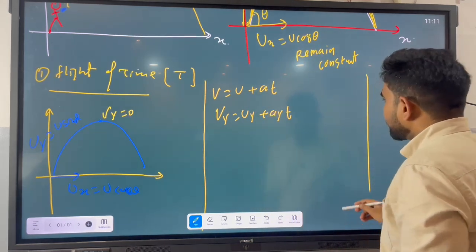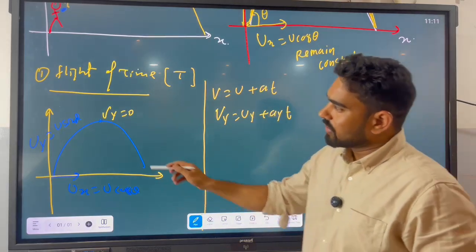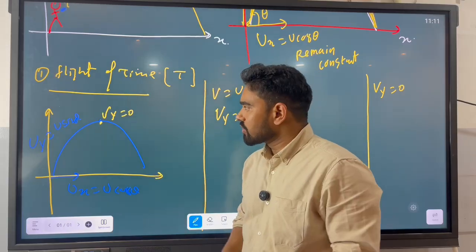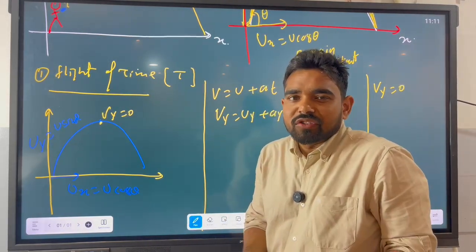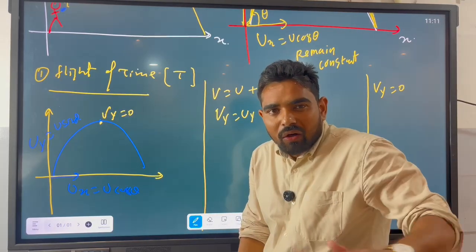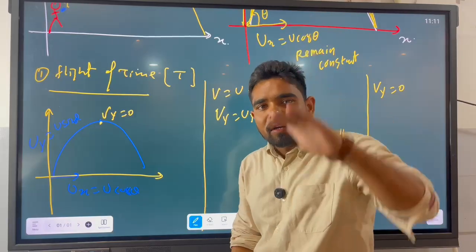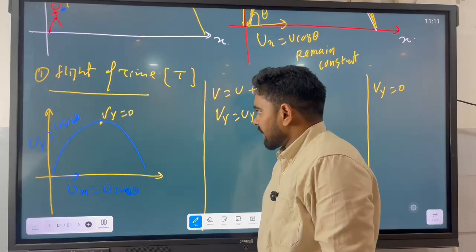and put the value here: vy equal to 0 at the peak point. The vertical component of projectile velocity changes due to gravity, but the horizontal component remains constant because gravity does not act along the horizontal direction; gravity acts along the vertical direction. This is the reason.